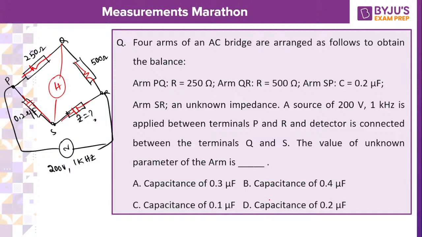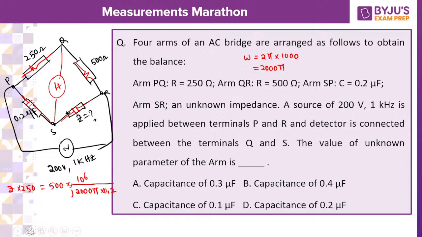Now, can you tell me how do you calculate? Opposite arm impedance products must be equal. So Z into 250 is equal to 500 into 0.2 micro, that is 1 by j omega C. Omega is 2 pi f, f is 1000, so it will be 2000 pi into C, where C is 0.2 micro, which is 10 to the power of minus 6.